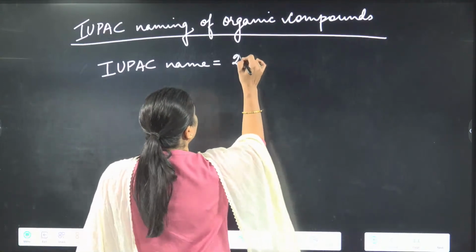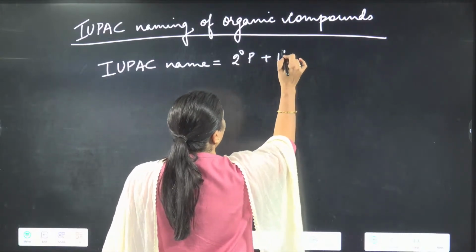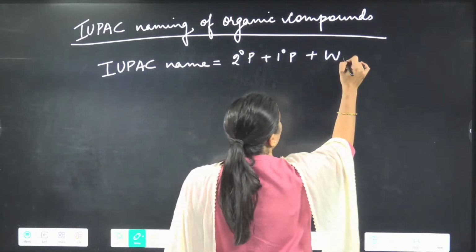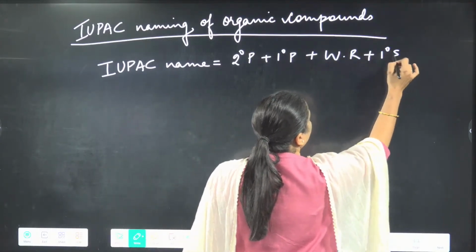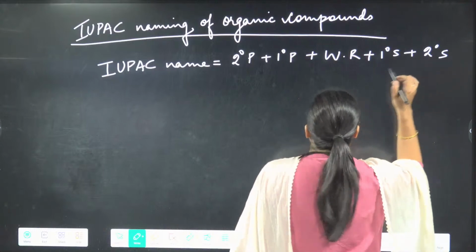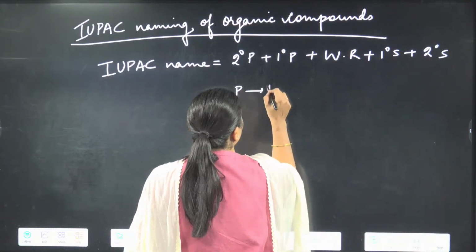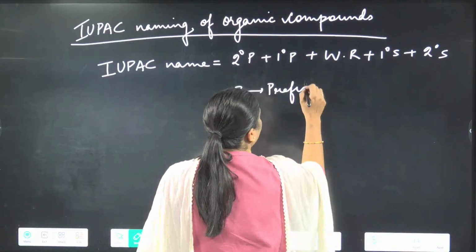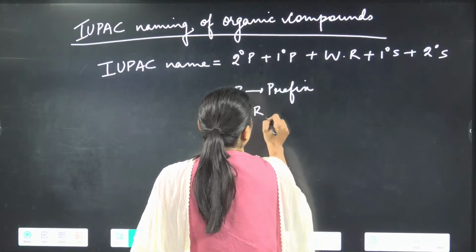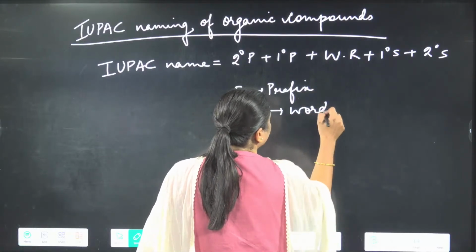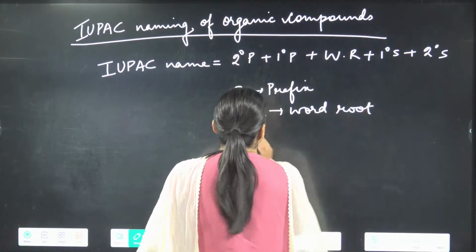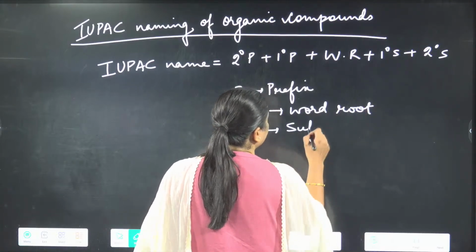So it consists of 2-degree prefix plus 1-degree prefix plus word root plus 1-degree suffix plus 2-degree suffix. P stands for prefix here, WR stands for word root, and S stands for suffix.